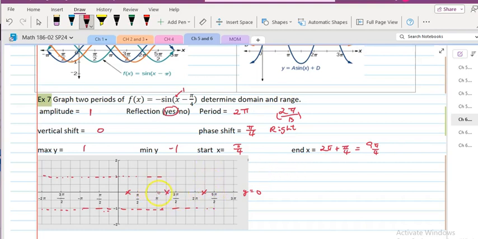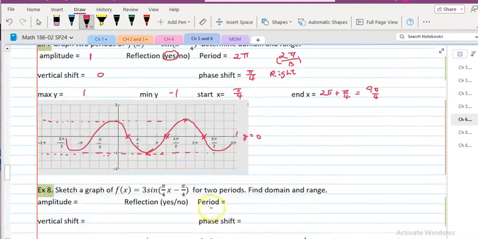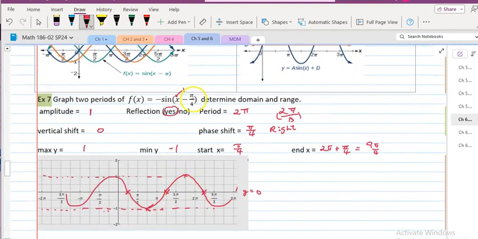It used to be pi, now you shift pi over 4. So this is another x-intercept. Because I have reflection, I will go down in the middle. Go down first, and then go back up. And this is the quarter point. Go up and then go down. Of course you can just continue. So that is how you graph x minus pi over 4.